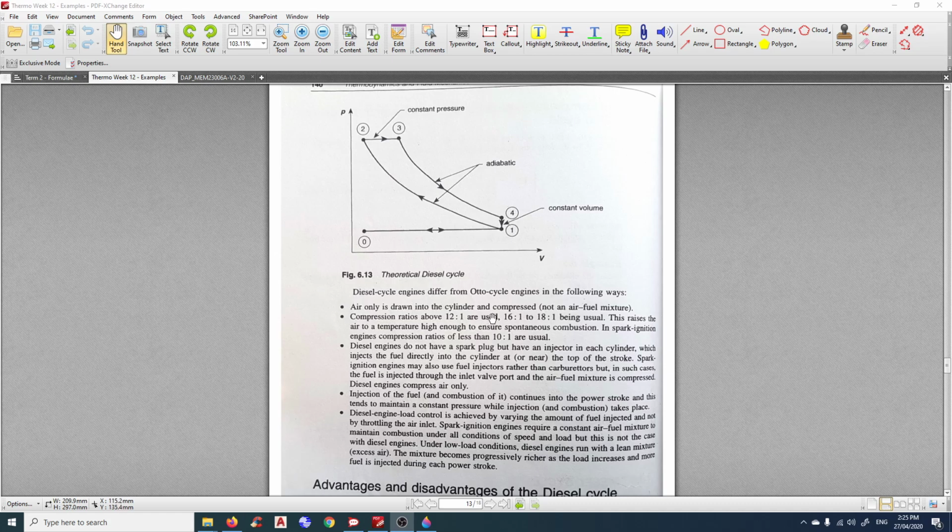They recommend using 95 or 98 high octane to achieve a perfect combustion. A diesel engine doesn't have a spark plug but has an injector at the cylinder, which injects fuel directly into the cylinder, and that causes an explosion in the system.